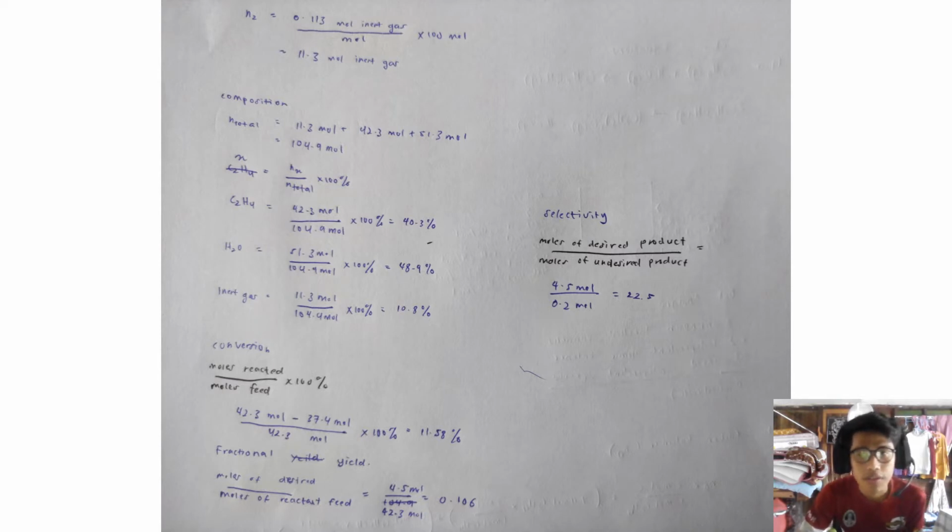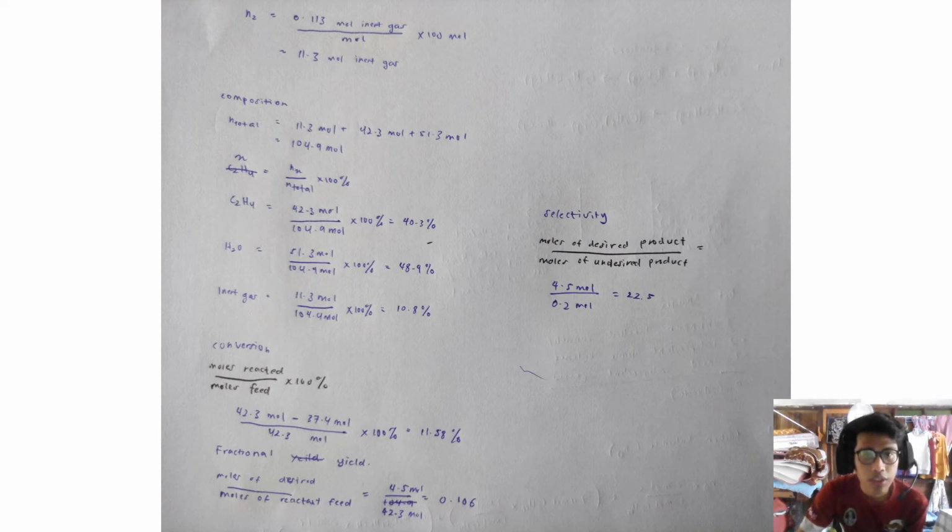For N2, which is inert gas, we will multiply with 100 mole of feed. So 0.113 mole of inert gas over mole times 100 mole of feed, so we will get 11.3 mole of inert gas. Next, for the composition, the total number of mole in this equation is 104.9 mole.